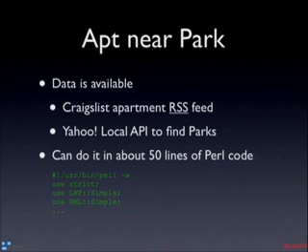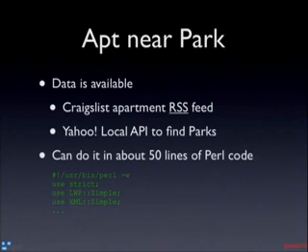And you can use a service like Yahoo Local to search for parks within a certain geographic region. And I could actually write a little Perl script to mash up the two data sets together and solve this problem. It took me about an hour or two to write and debug that script, and I had it going.